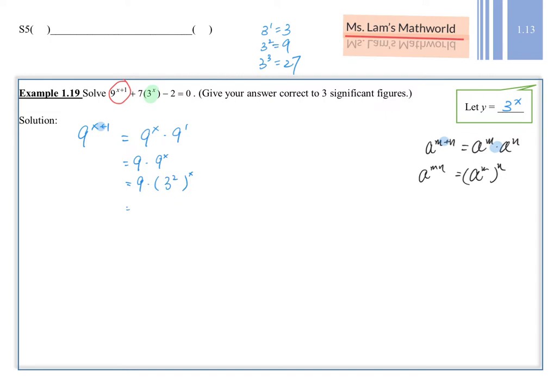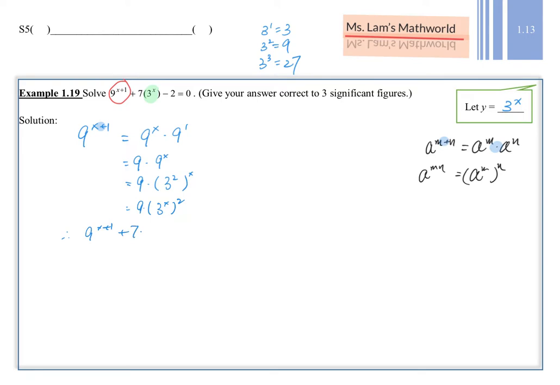So after that, we can swap these two numbers, okay? These two can be swapped. It becomes 9 times 3 to the power x and then square. Alright?